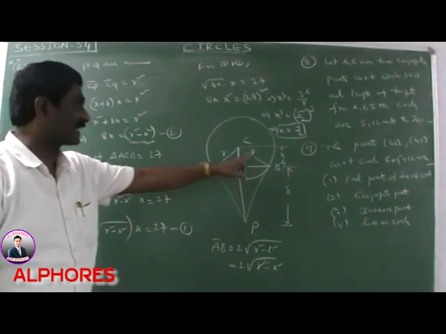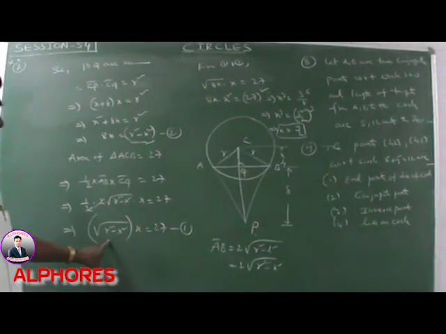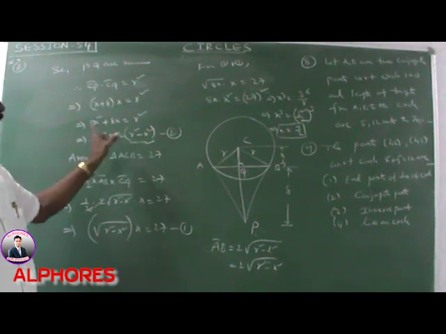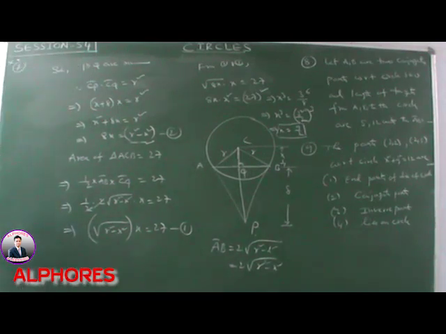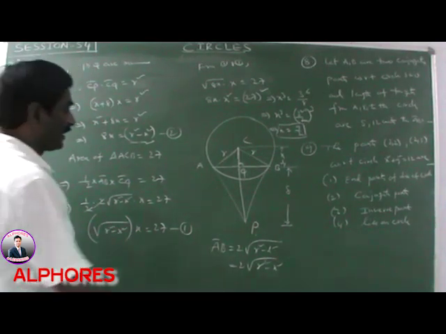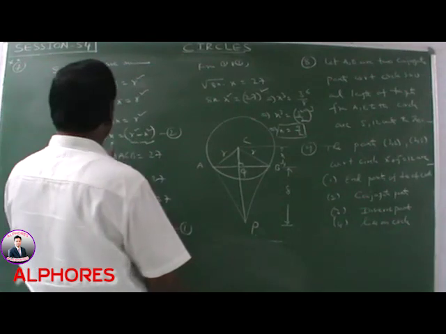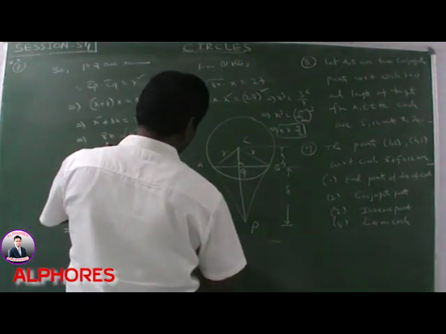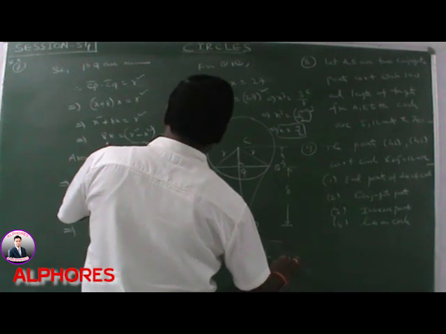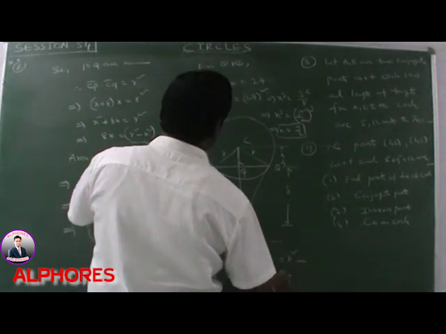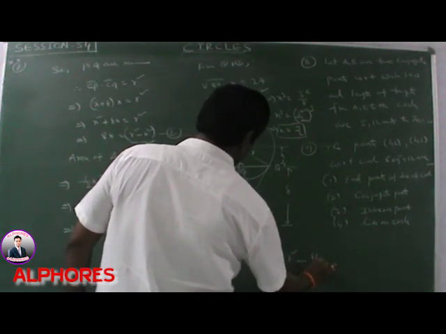Substitute the value of x is equal to 9 by 2 in this equation, we get the r value. Please note this value: x is equal to 9 by 2. Substitute the value of x is equal to 9 by 2 in equation 1 or 2. 8 into 9 by 2 is equal to r square minus x square, means 81 by 4.